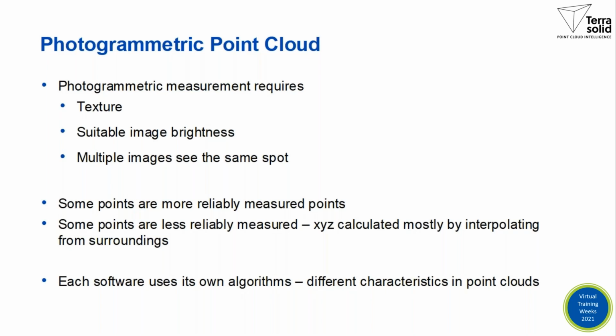It is reflection or not enough light, brightness differences exist. And as a result, points were calculated mostly by interpolating from surroundings. Also, each software uses its own algorithm, so different software produce quite different looking photogrammetric point clouds.